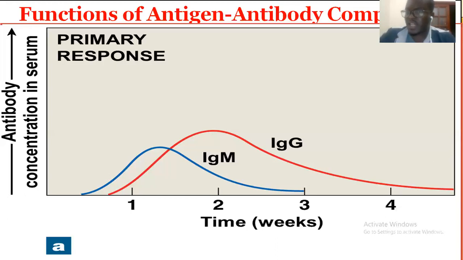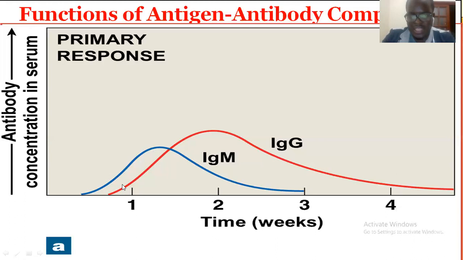When you have another infection, they can be transformed into plasma cells and produce antibodies specific for that antigen. So the first antibodies that will be produced are IgM by the plasma cells. So you can see the IgM being produced. Then the second type of antibodies that will be produced are IgG.